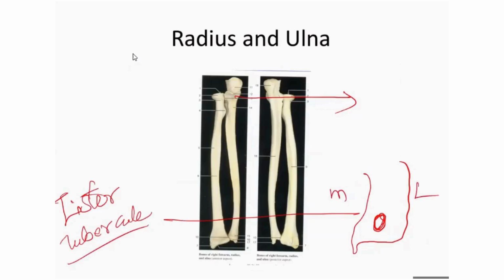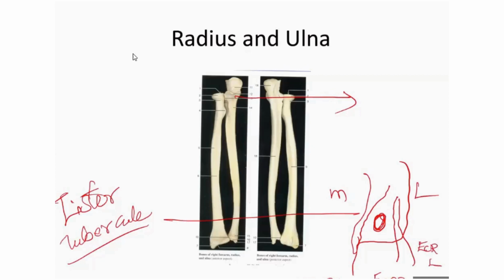A tendon crosses medially, two tendons cross laterally. The tendon present medially is extensor pollicis longus. The tendons crossing laterally are extensor carpi radialis brevis and extensor carpi radialis longus. This relation you should remember.